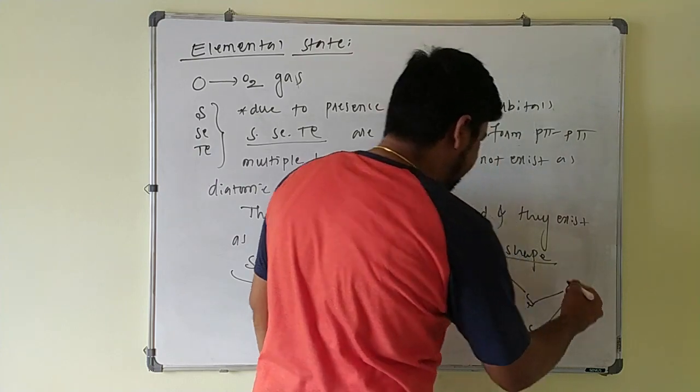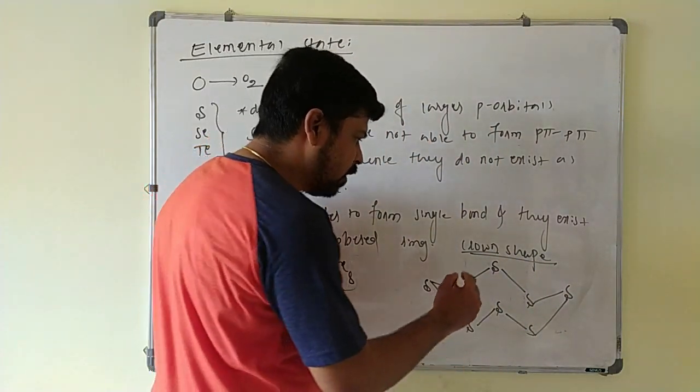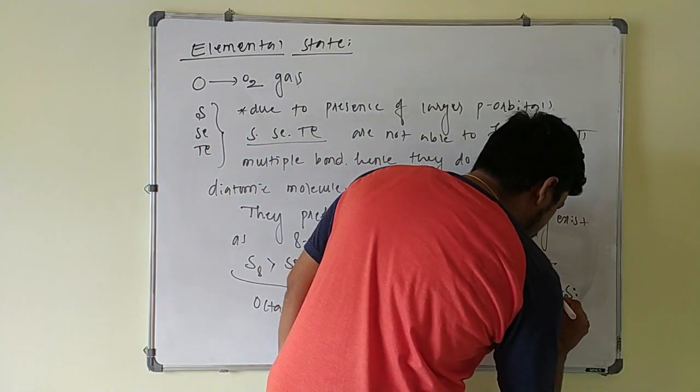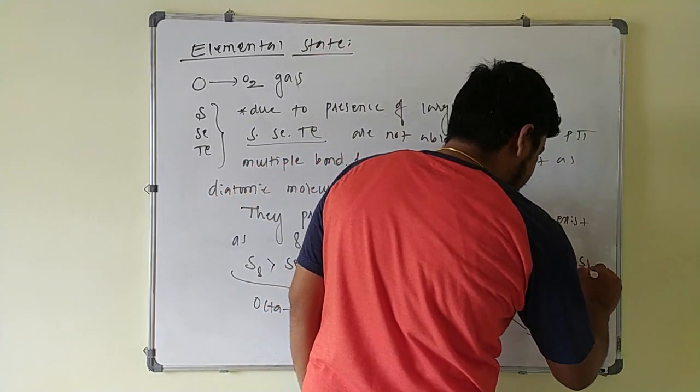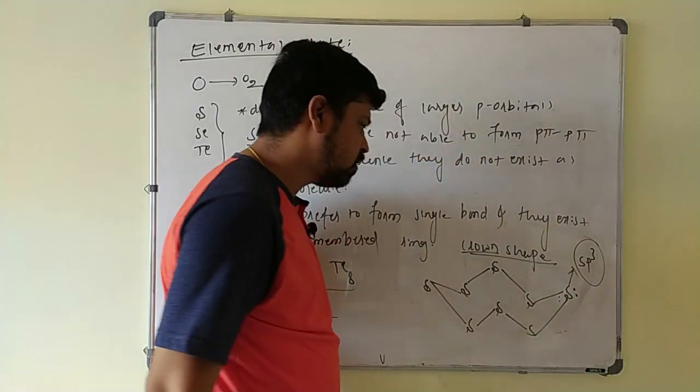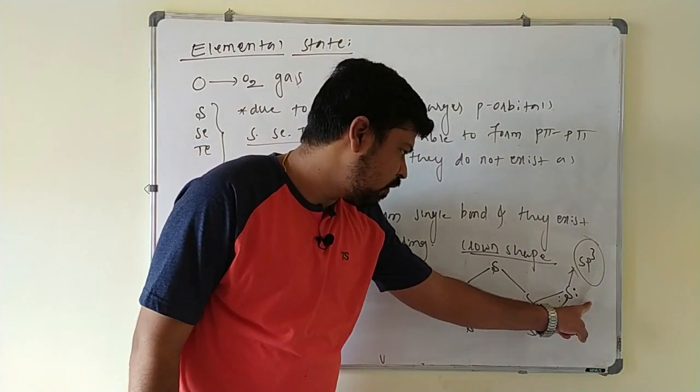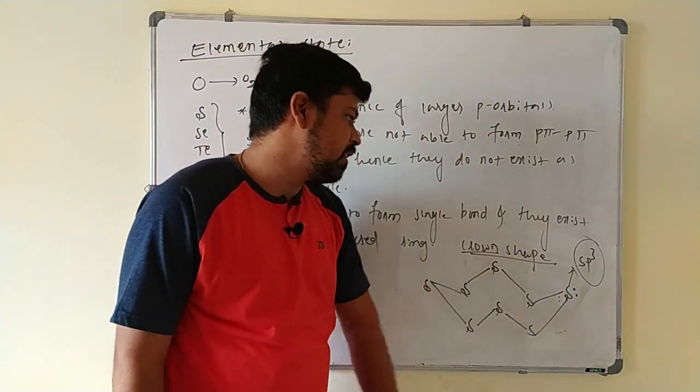Crown shape 8-membered ring it is, and after forming two bonds, each sulfur is having two lone pairs of electrons on itself. Hence in this one, each sulfur is sp3 hybridized, because sulfur is having what? Two lone pairs of electrons and two bond pairs of electrons, hence hybridization is what?